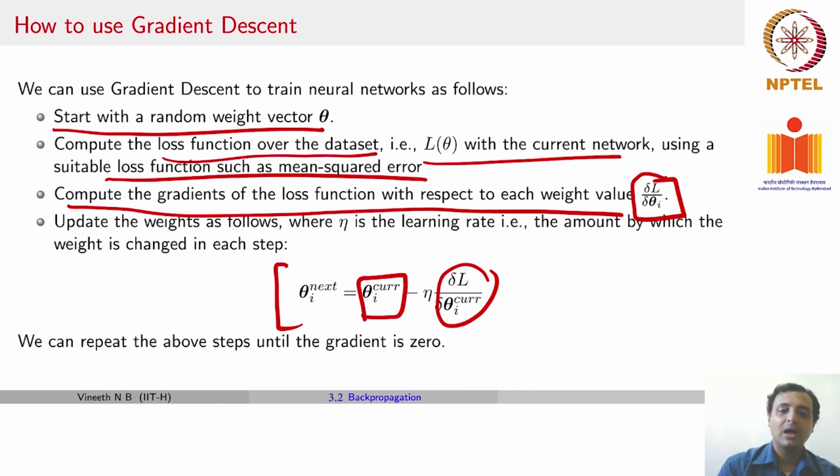And theta next is simply theta i current minus eta times this gradient, where eta is known as a learning rate or a step size. It tells us how large a step we want to take in the direction of the negative gradient. We'll talk about ways in which this can be chosen a little later this week. And we keep repeating this process until the gradient is 0. Why? Because when the gradient is 0, we have reached a critical point, which is perhaps the minimum of that function.